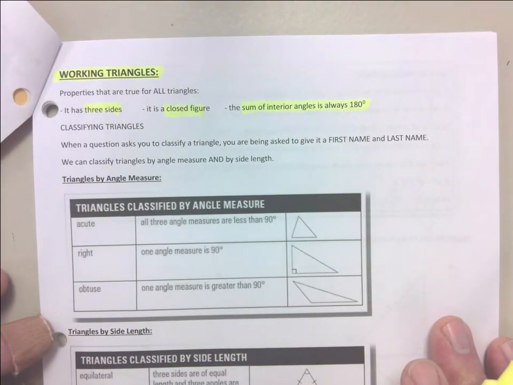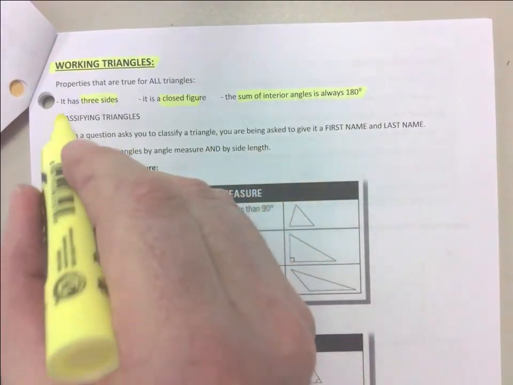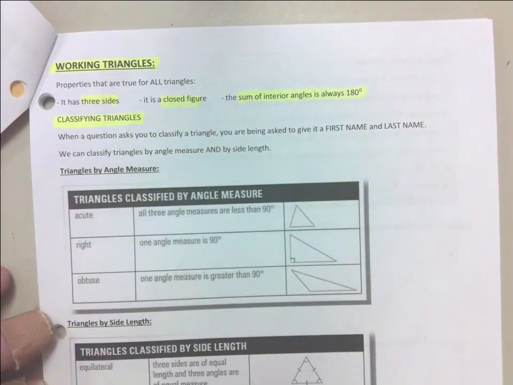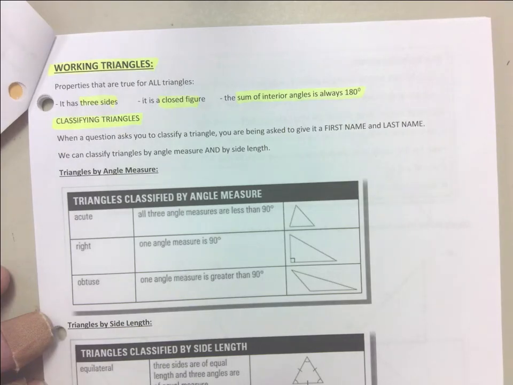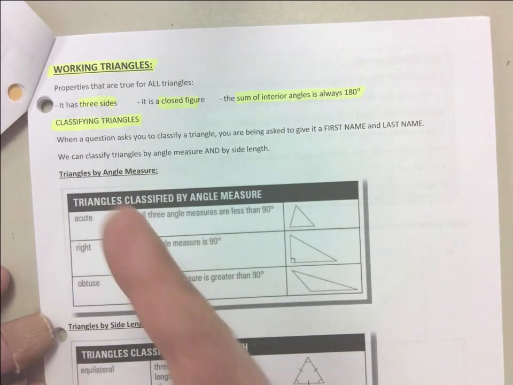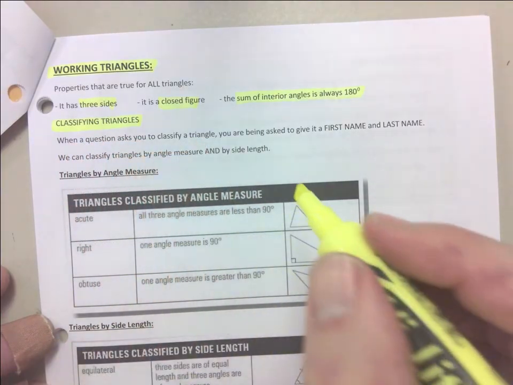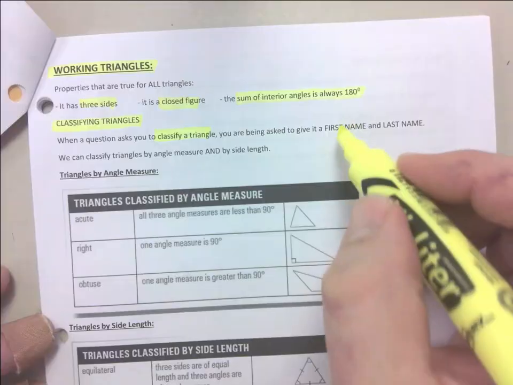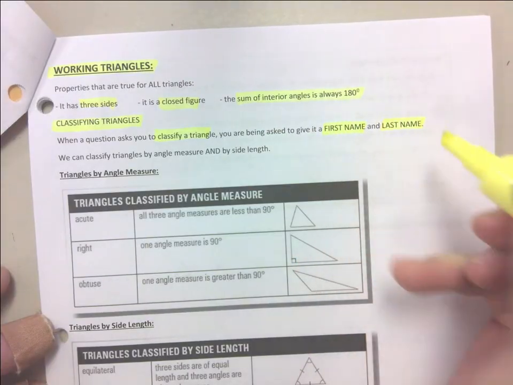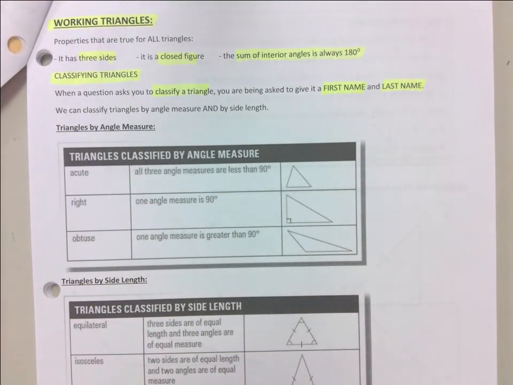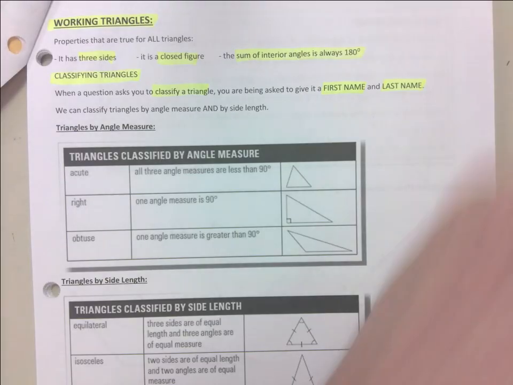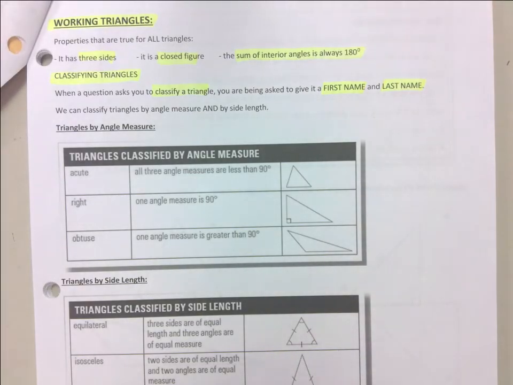Classifying triangles. So I will highlight the classifying because now it's declassified, but we're talking about classifying. Classifying triangles means, what I call it is, come up with a first and a last name. Every triangle technically has a first and a last name in this course. And so here are the differences. I will use 2 different colors.